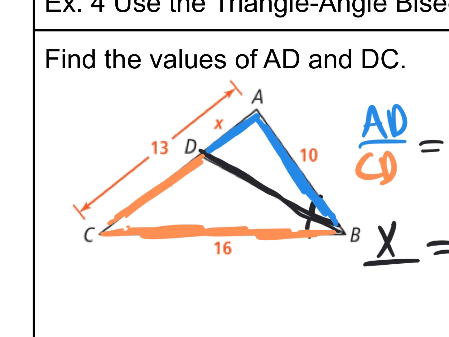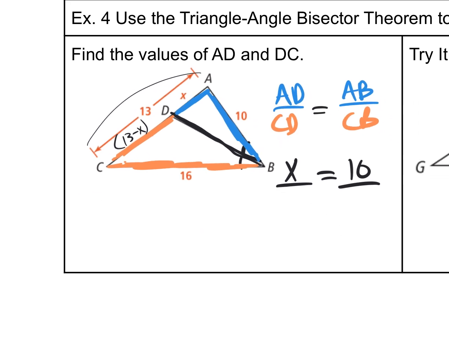As you look at CD, if we know the total distance from A to C is 13, and the distance from D to A would be X, to get this distance from C to D, we're going to use the expression 13 minus X, because whatever X is, once we take it away from 13, gets us that remaining distance of CD. So underneath the fraction that has X, we're putting 13 minus X. Once again, I encourage you to put those in parentheses, just so you remember to distribute. And then lastly, the distance of CB would be 16.